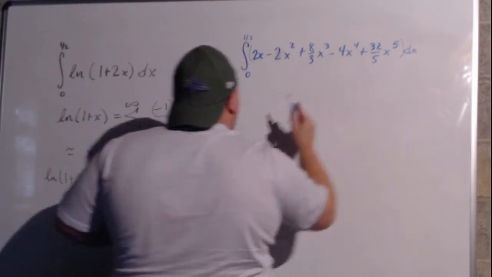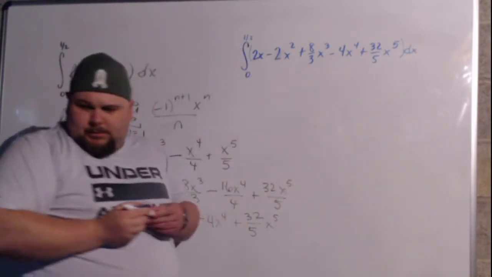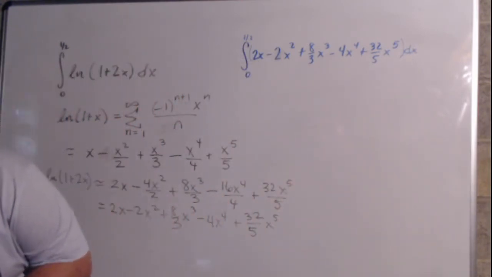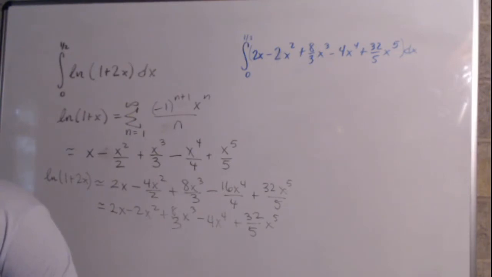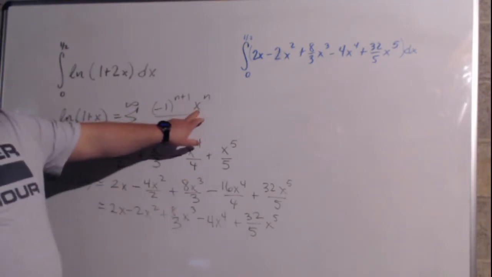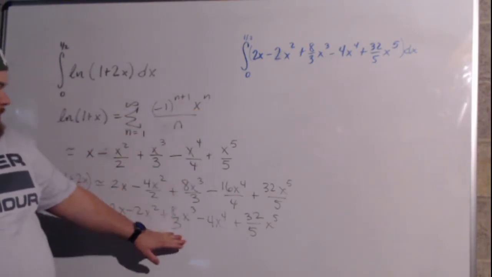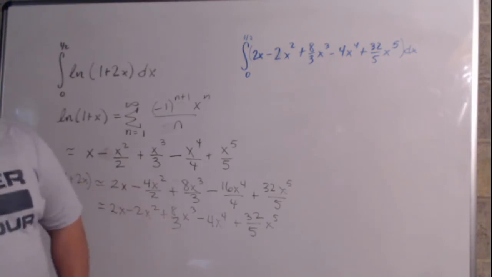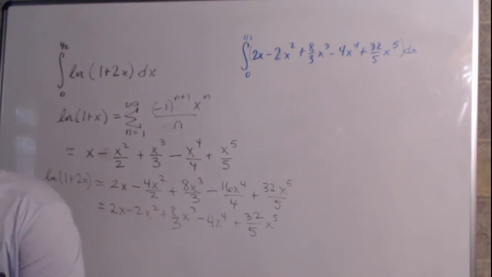Let's see if we have any questions. No, you can put the 2x directly in there, and then you should get the same terms. It said 6 terms. Is that what you're trying to tell me? The first 6 terms?